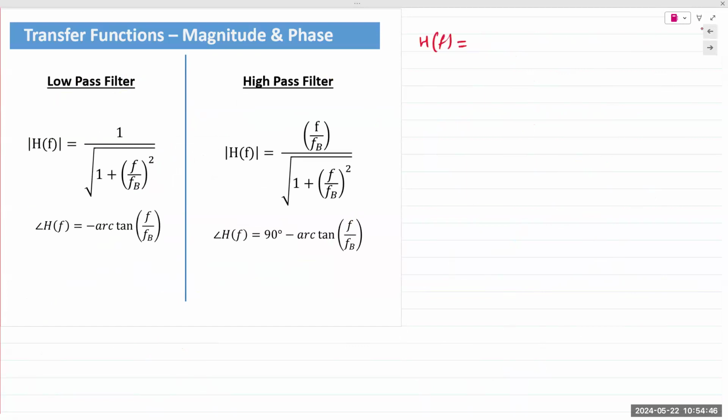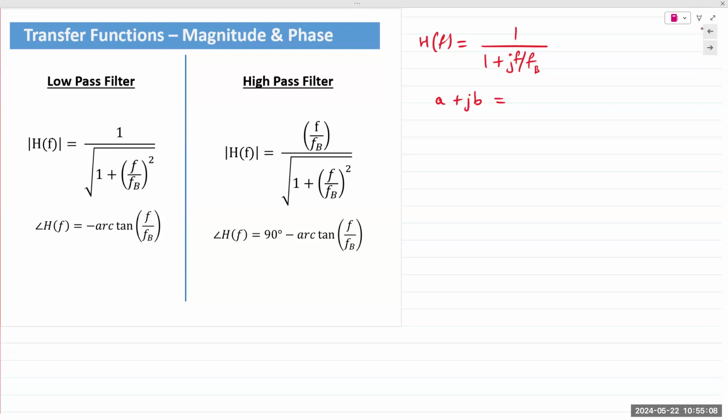The transfer function for a low pass filter is 1 over 1 plus j f over fb, right? A complex number. The magnitude of any complex number from the rectangular form, let's say a plus jb, where a and b are the sides of a right angle triangle.